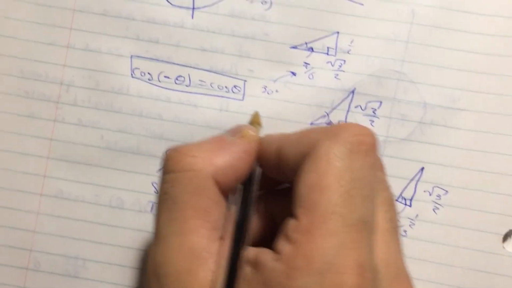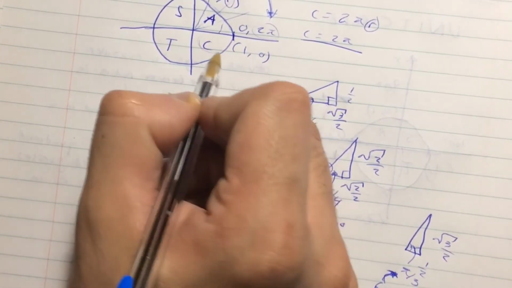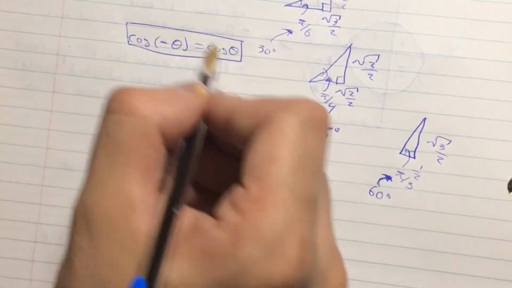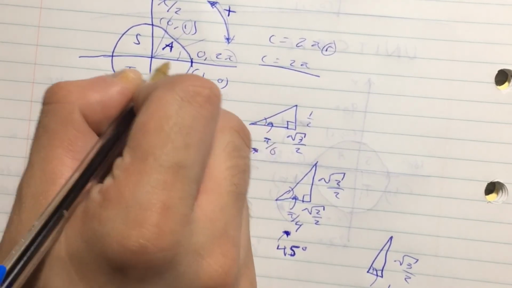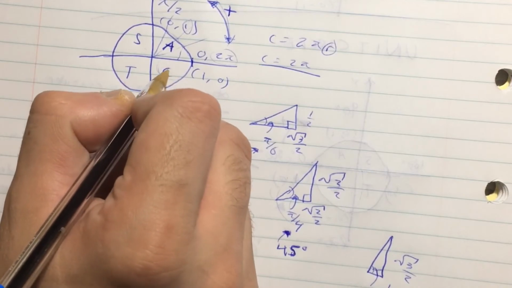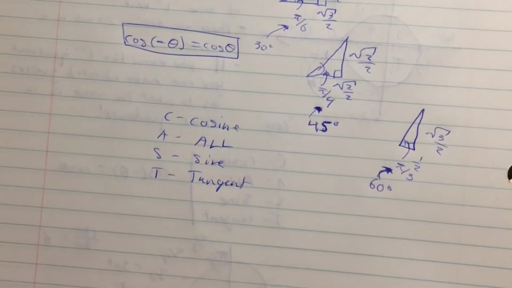So basically, the cosine, that's why the angle in here is positive. Because if we're going around the other way, the cosine of negative theta, we're going around this way, around the circle. But remember, the cosine of the negative angle is actually positive in this quadrant. And I'll explain that in the next video.